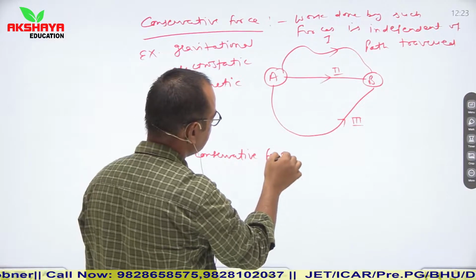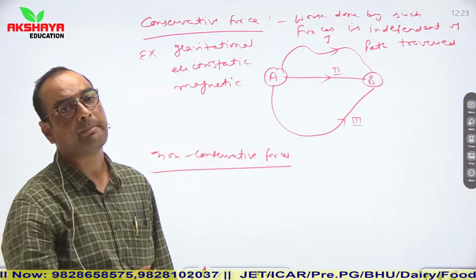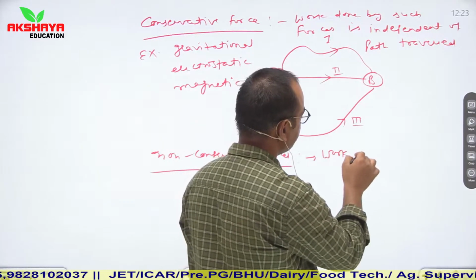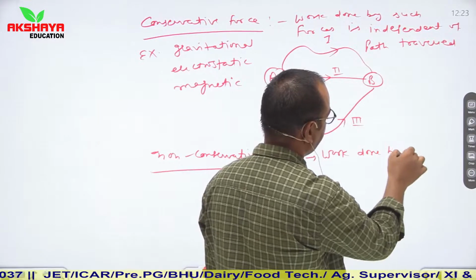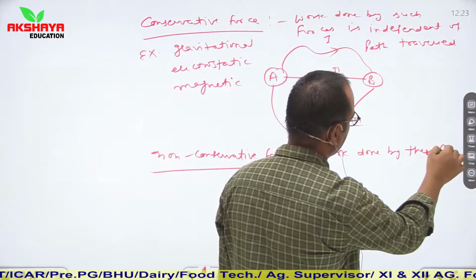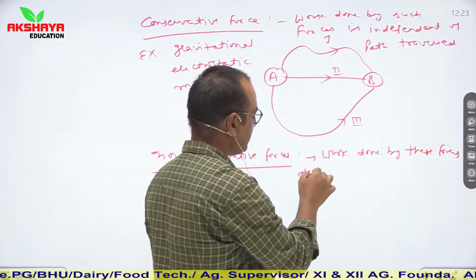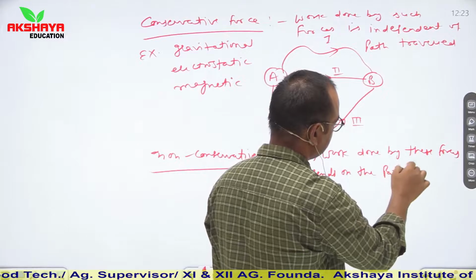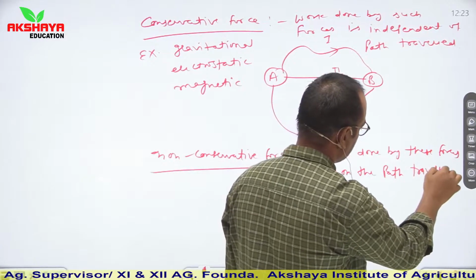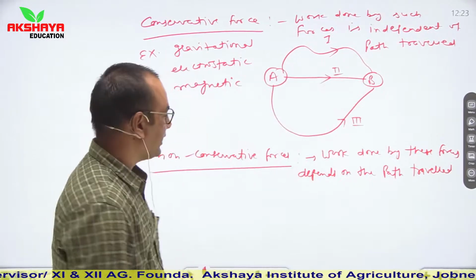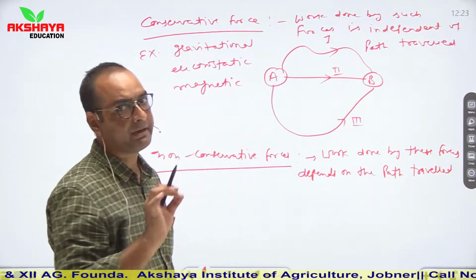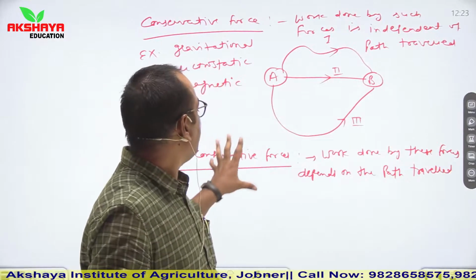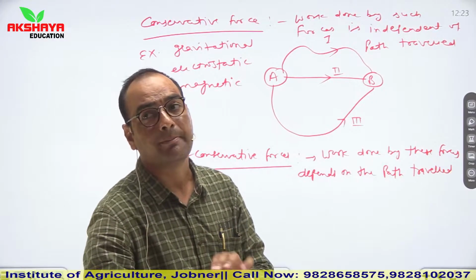then non-conservative forces are simply known as path dependent. So we can say that work done by these forces depends on the path traveled. Clear? So in other words, we simply can define that conservative forces are path independent and non-conservative forces are path dependent.